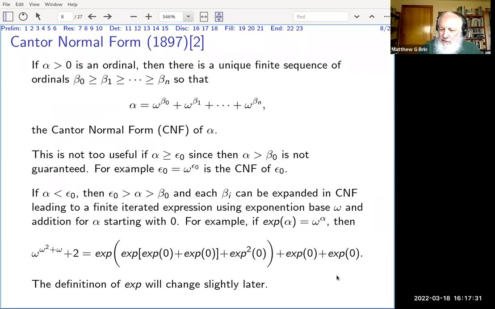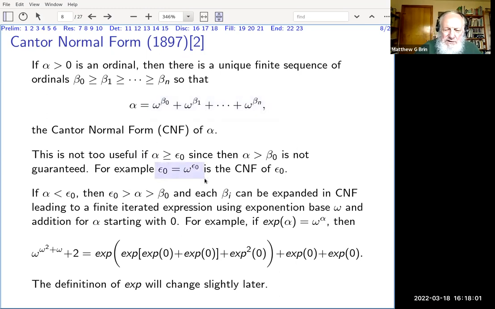What's the Cantor normal form? If you have an ordinal, then there's a unique expression of that ordinal as a polynomial in powers of little omega, where the exponents are a non-increasing sequence of ordinals. However, if alpha is greater than epsilon naught, you're not really simplifying anything.